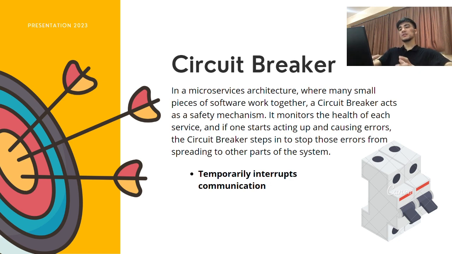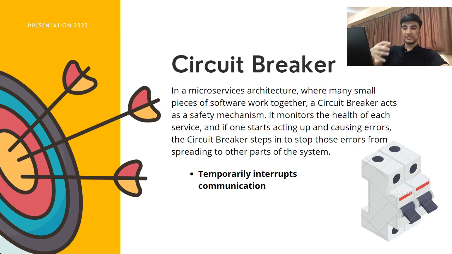That's pretty much what a circuit breaker does in the world of software. In microservice architecture, where many small pieces of software work together, a circuit breaker acts as a safety mechanism. It monitors the health of each service, and if one starts acting up and causing errors, the circuit breaker steps in to stop those errors from spreading to other parts of the system.